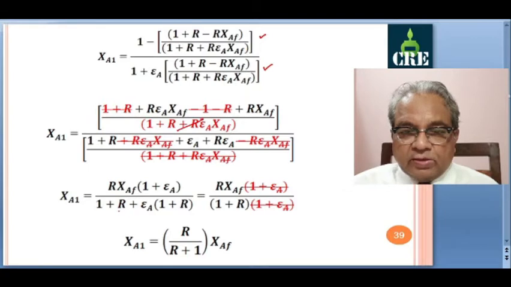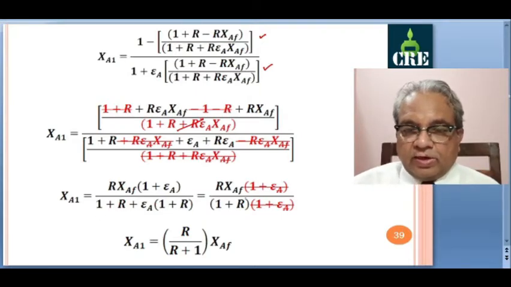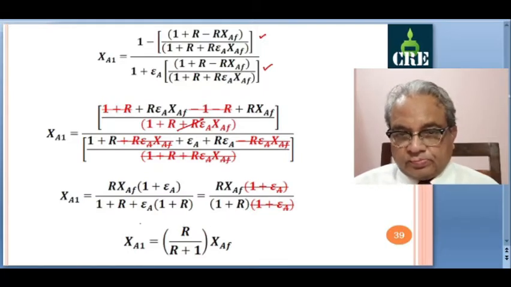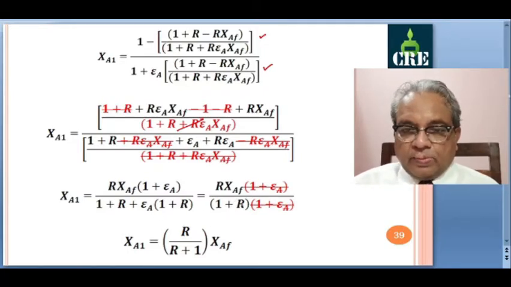So if I expand this, what I get here, or you can take common, multiply this epsilon A plus epsilon AR, you can collect the terms, and this 1 plus R, if I write outside, I can multiply this by 1 plus epsilon A. So it is same as 1 plus epsilon A times R plus 1. Okay.